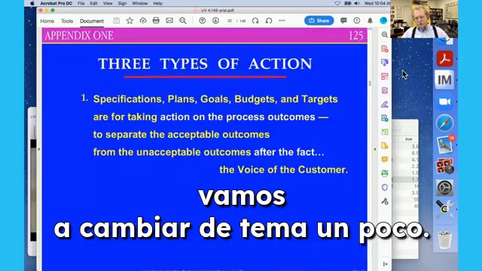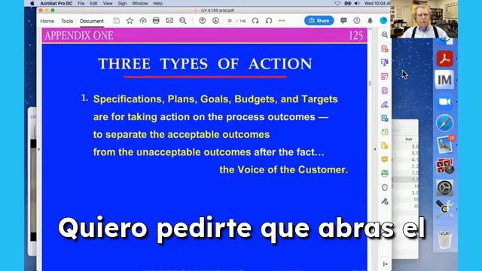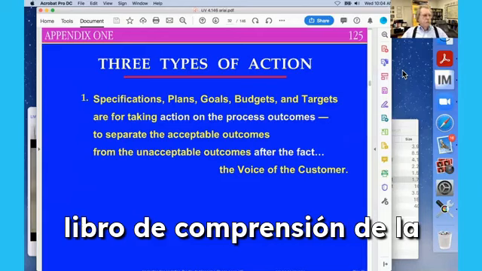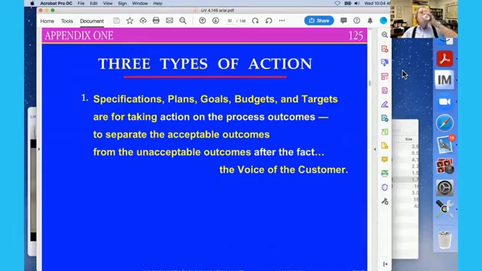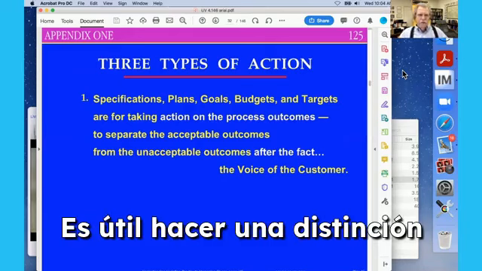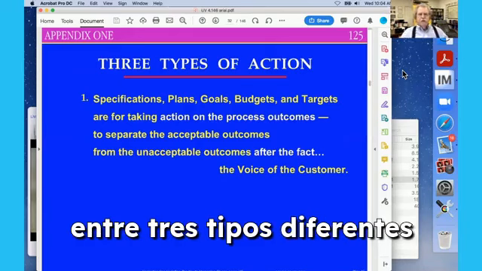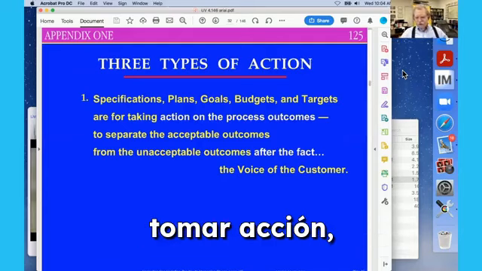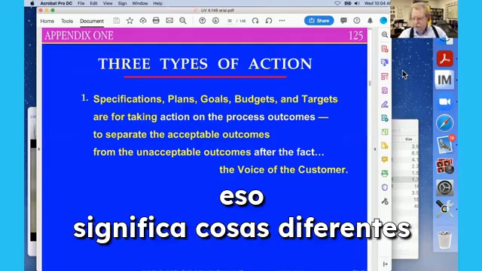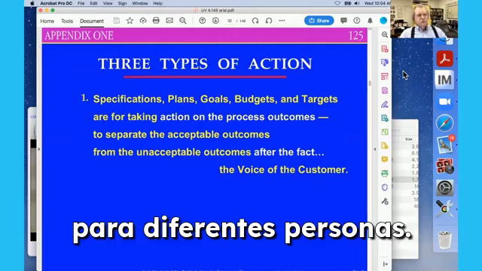Now, we're going to shift gears here a little bit. I want to ask you to turn in the Understanding Variation book to page 125. It's helpful to make a distinction between three different types of action. Because when we say take action, that means different things to different people.